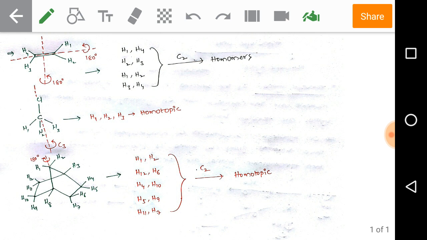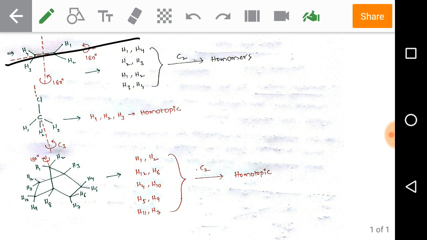If the C2 is passing through the carbon and carbon, then H1 gets the H2 position and H2 gets the H1 position. Hence we can say H1 and H2 are homomers and H1 and H2 ligands are homotopic ligands.